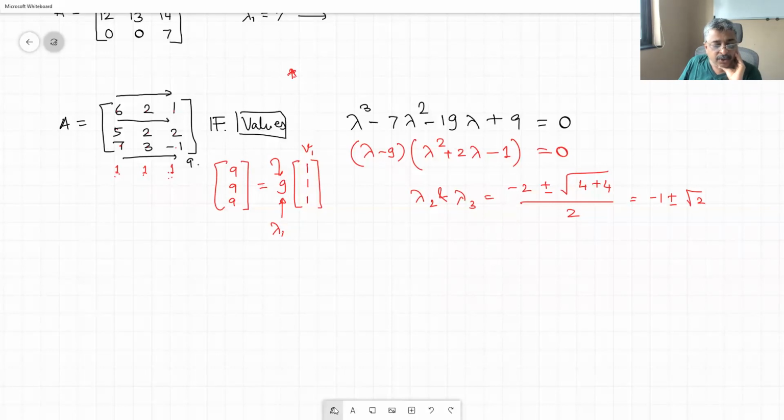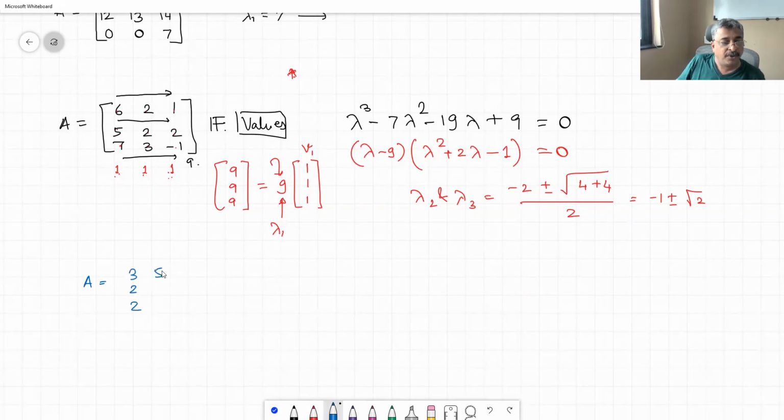So now if I give you the next matrix A, where 3, 2, 5, 0, 6, 3, minus 2, what is going to be the first lambda value? Lambda 1 is going to be, see again, 7, 7 and 7.